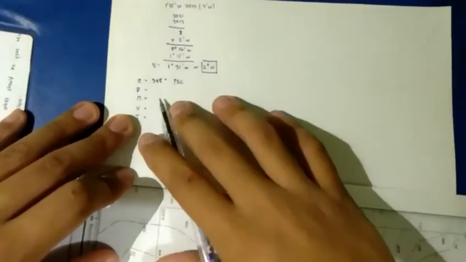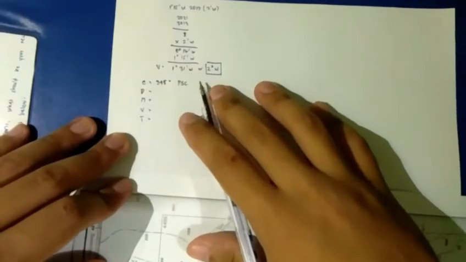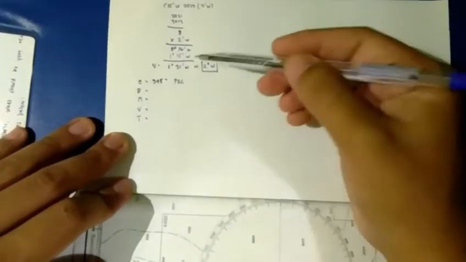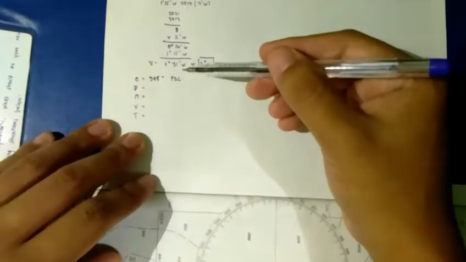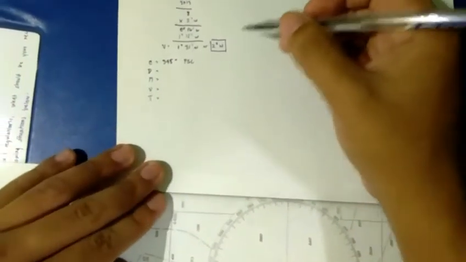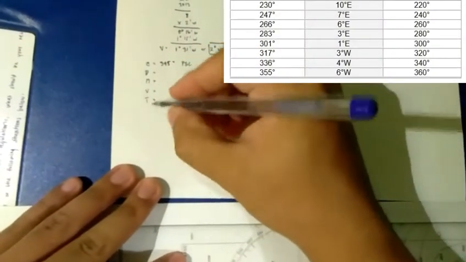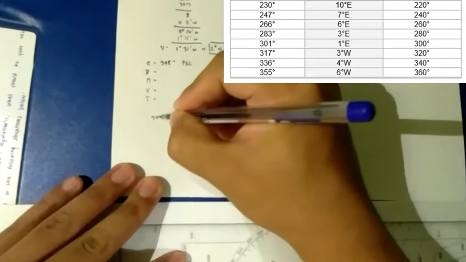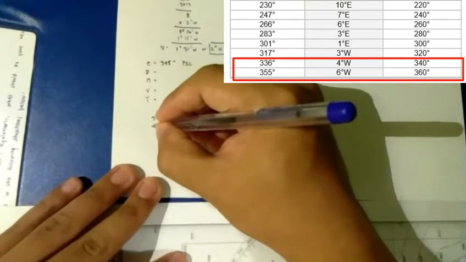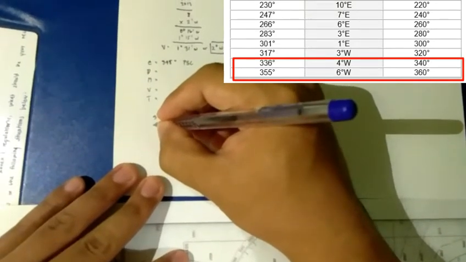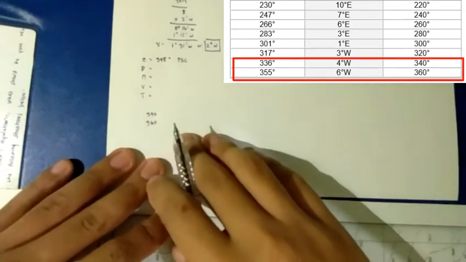In order to find the deviation, since this compass course is in between the 340 and 360, we need to interpolate it.